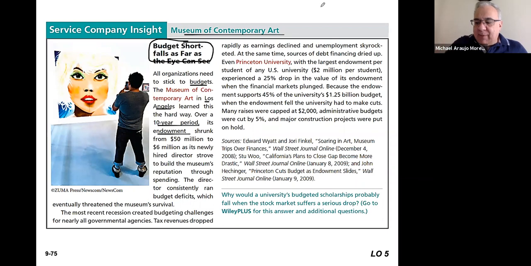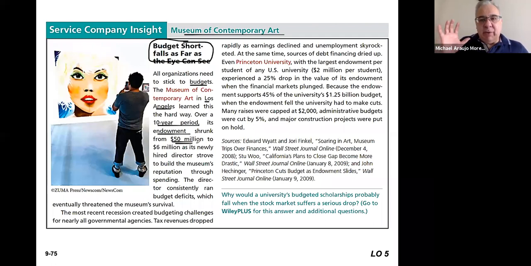And this is money that has been given to the organization over a period of time by various benefactors, philanthropists, etc., that the arts might be important to, so they might donate monies on a regular basis. And a lot of the wealthy have their own philanthropies that they pay attention to and fund accordingly. So this particular Museum of Contemporary Art in Los Angeles had a $50 million endowment.